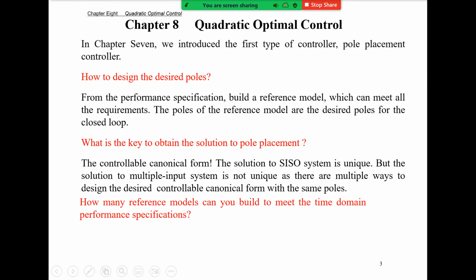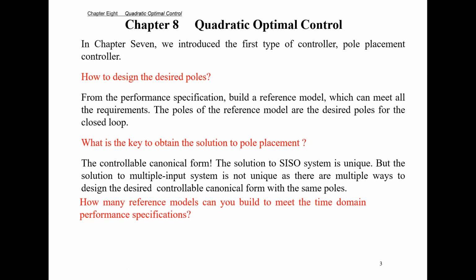Now, how many reference models can you build to meet the performance requirements? Is there only one reference model to meet the performance requirements, or are there multiple possible models? Is the solution unique? That should be an easy answer.